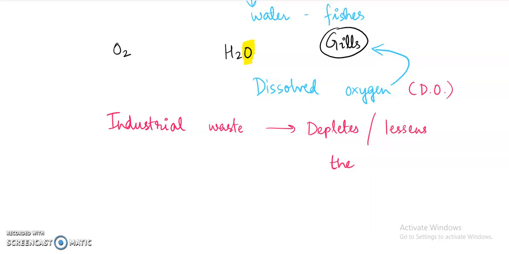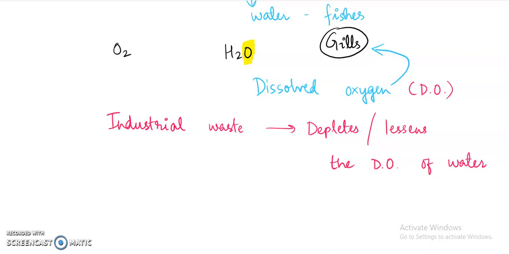DO means dissolved oxygen. So if you are polluting the water in which aquatic animals are residing, if you are depleting the oxygen content of that water, that means the oxygen required by the aquatic animals will be supplied less.